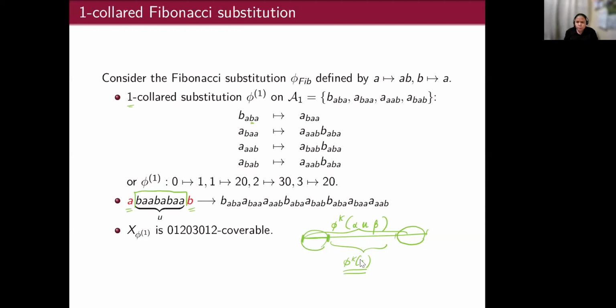So to construct a cover for the subshift associated with the n colored substitution, we want to look for a value of K such that this is true. The value of K always exists because if we have a primitive substitution, the length of the images of any letter also increases without bound as K increases.